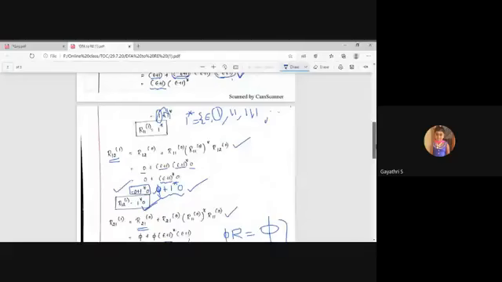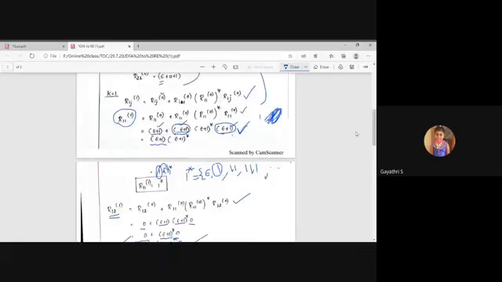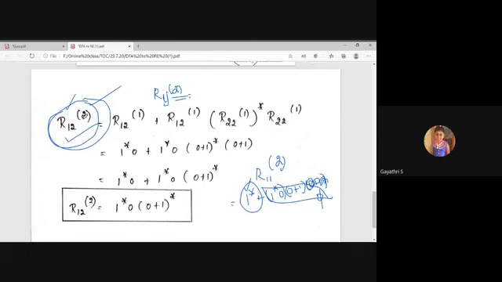So in the last stage, for calculating R12 of 2 is enough. Okay, so actually you have to calculate R12 of 2. For calculating this only you have to do all the previous things. Okay, so calculating R12 of power 2, which is enough in the last case.